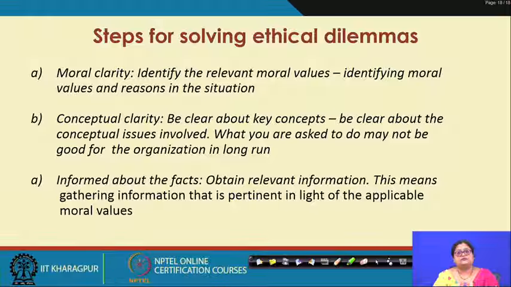We should have conceptual clarity, being clear about the key concepts and the conceptual issues involved. What you're asked to do may not be good for the organization in the long run. We should be informed about the facts, often relevant information. This means gathering information that is pertinent in the light of the applicable moral values.